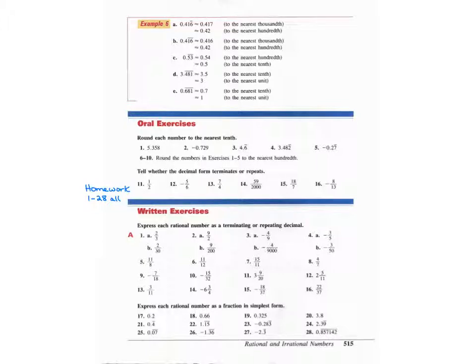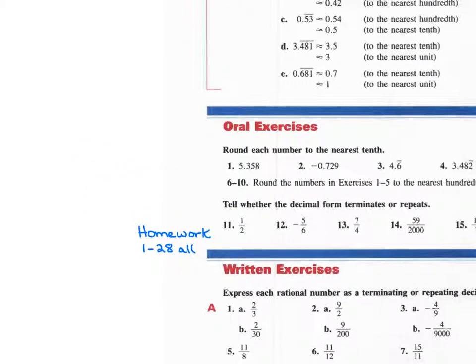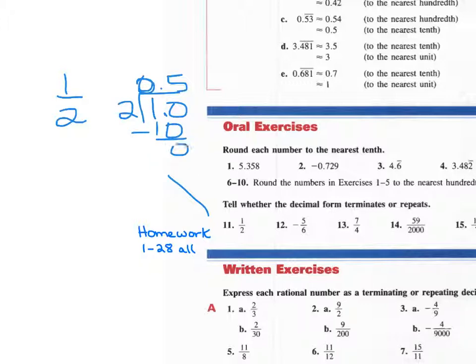So for example, on these oral exercises here, number 11, if I were to express 1/2 as a decimal, I take the 1, I put it in the division box. 2 won't go into 1, but it'll go into 10 5 times. Notice you get a remainder of 0. So the terminating decimal for 1/2 is 0.5.